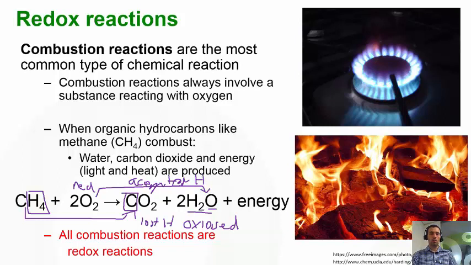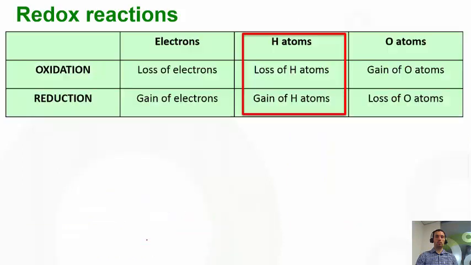Okay, so that's a hallmark of the redox reaction. One component is losing hydrogen, which is equivalent to losing electrons, and one is gaining that hydrogen. So you can imagine that that hydrogen is basically being taken off the carbon and added onto the oxygen instead. So as I said, all combustion reactions are redox reactions.